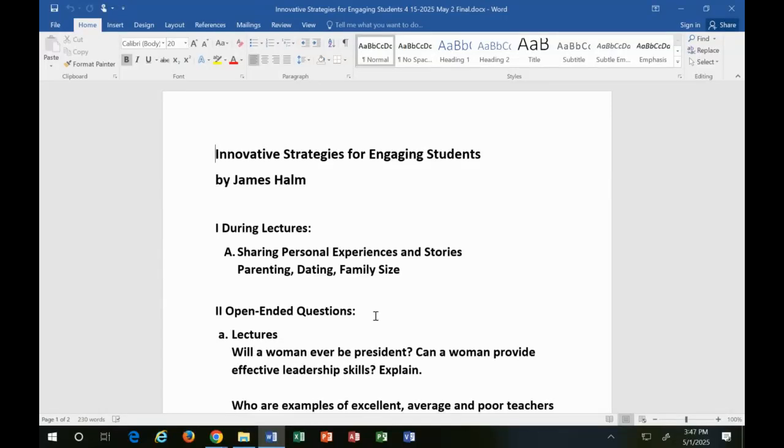Anybody else care to elaborate about sharing personal experience? I teach ultrasound, and I came from performing ultrasounds, so I definitely use real-world experience to highlight what I'm talking about in my lecture. The bad thing is there's a lot of dryness to ultrasound. There's a lot of anatomy that we have to get through.